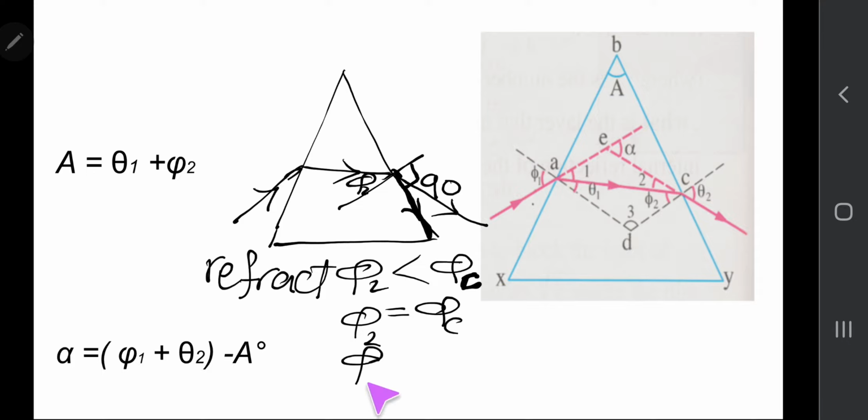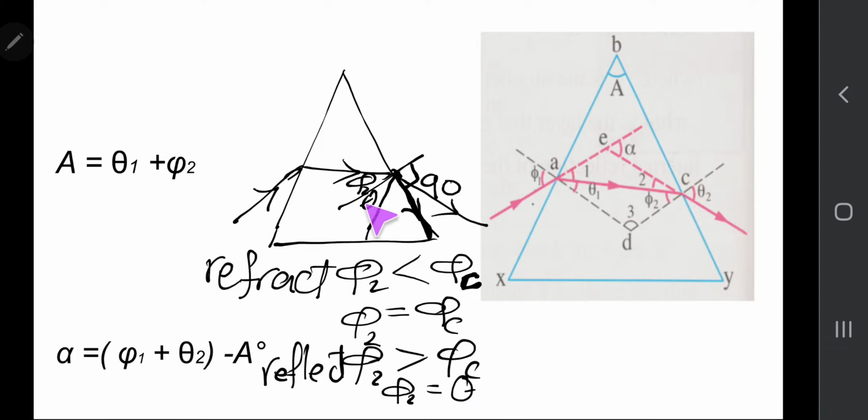But when phi 2 is more than the critical angle, the ray makes total internal reflection, and by the law of reflection the angle of reflection equals phi 2, and the ray falls on the other side of the prism, inside the prism.